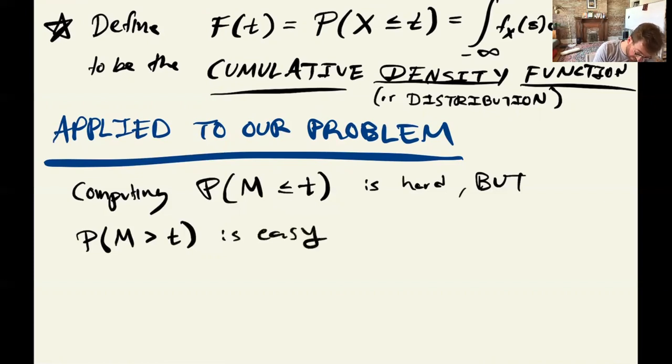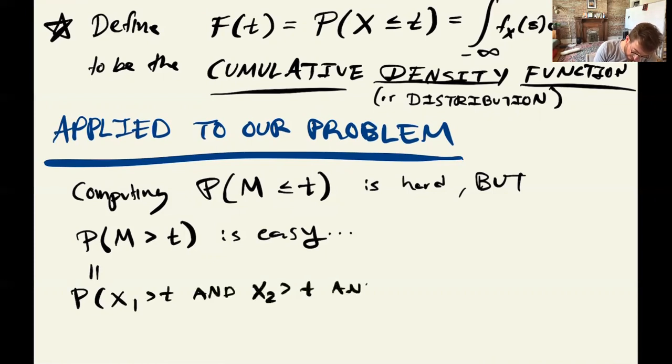It is easy. Well, why? Well, this ends up being the same thing as the probability that x1 is greater than t, and x2 is greater than t, and x3 is greater than t, all the way up through x10 is greater than t.